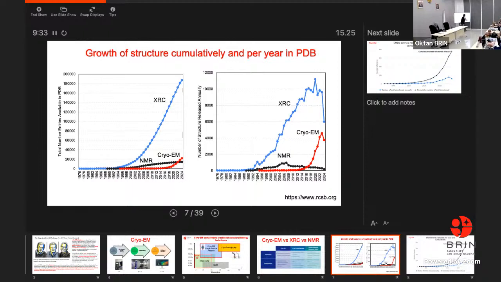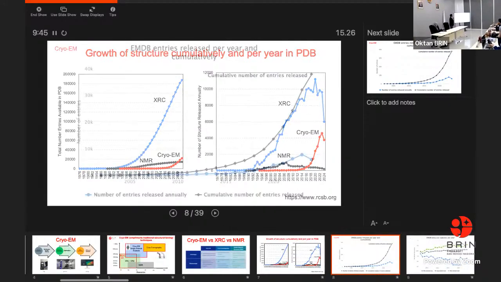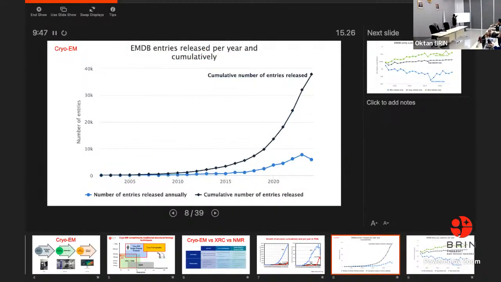But I think in the future, cryo-EM data entries in the PDB will increase drastically. Okay, continue. And this is the EMDB, the Electron Microscopy Data Bank. So the cumulative number is like this, and this is the per year annual number of structures in EMDB.